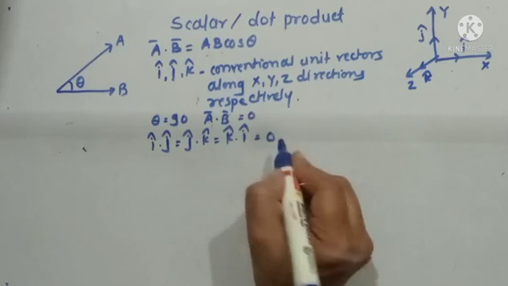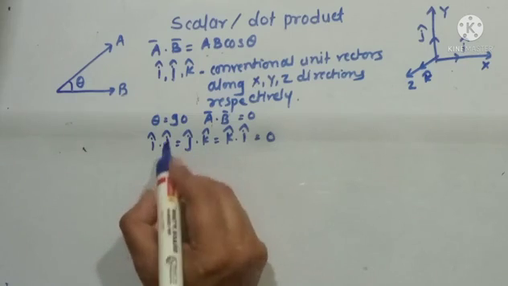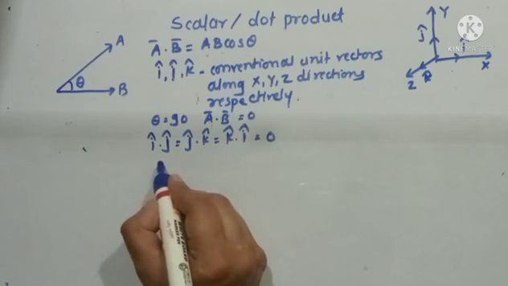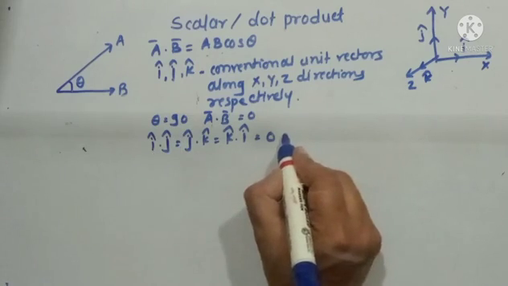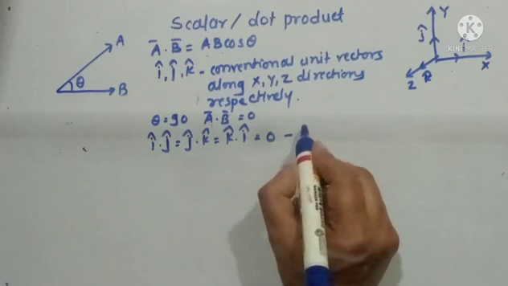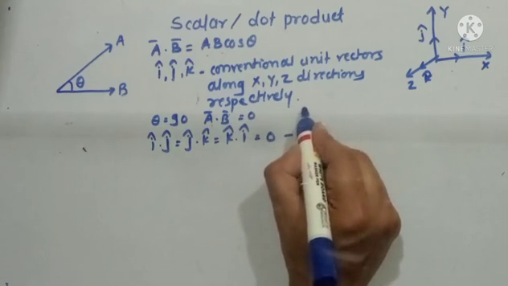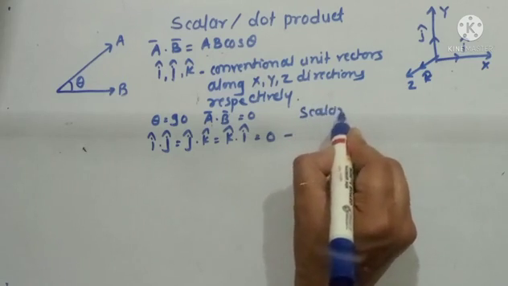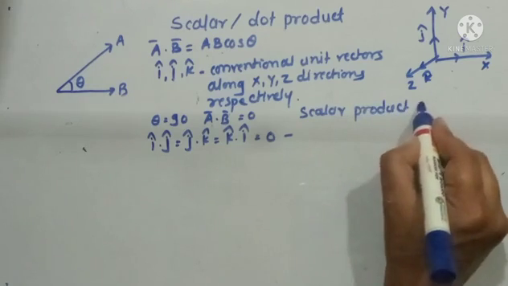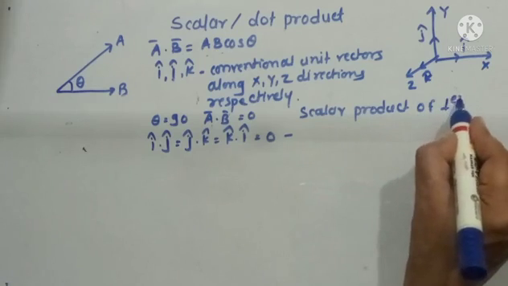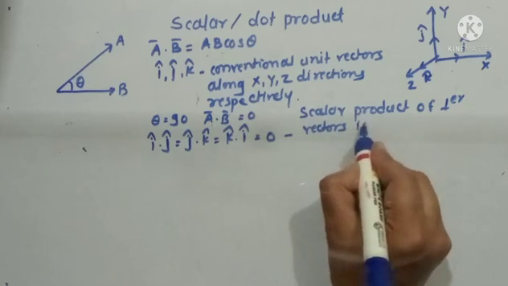So this will be equal to 0. Now what will be the scalar product of a unit vector with itself? This rule is stated as: the scalar product of two mutually perpendicular vectors is 0.